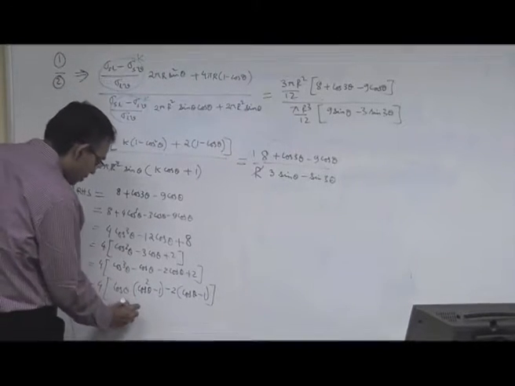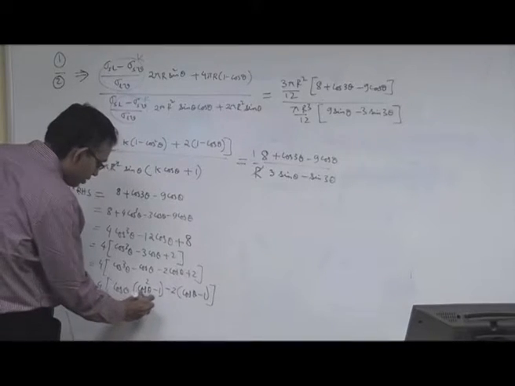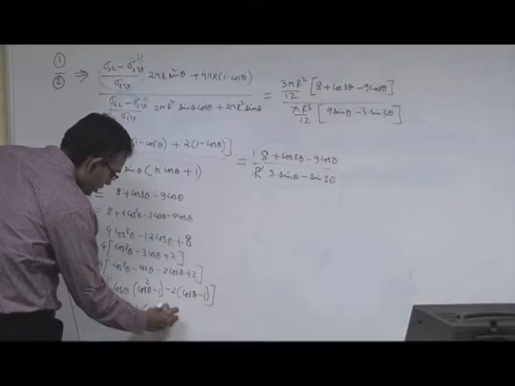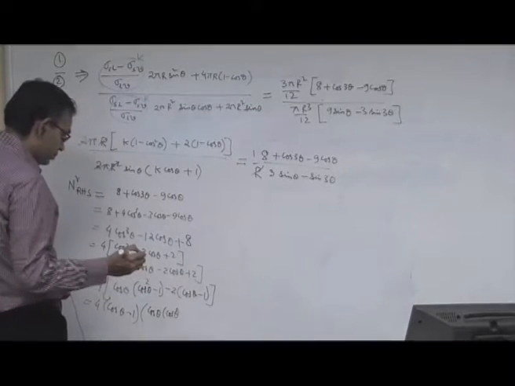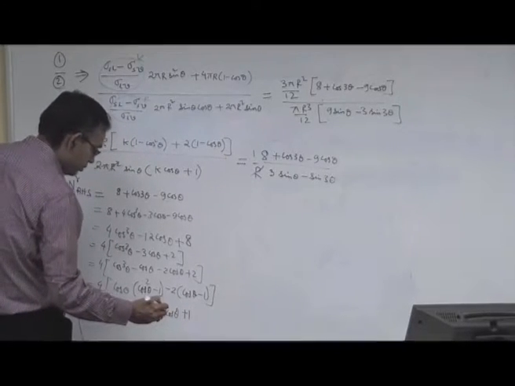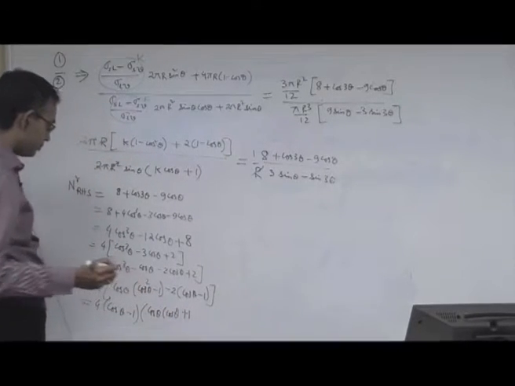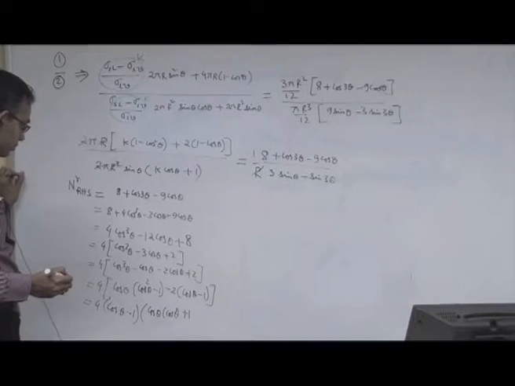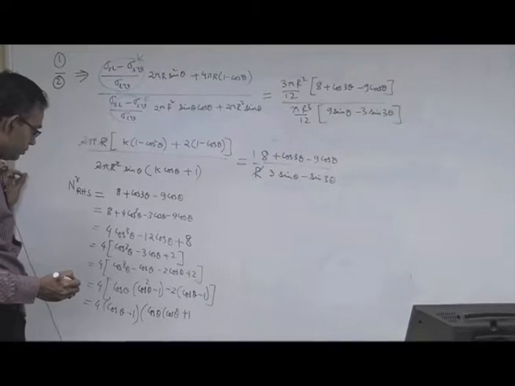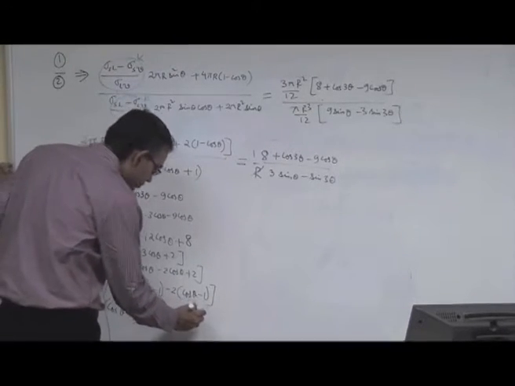So, that cos theta minus 1, if we take as common, then cos theta into cos theta plus 1 minus 2, right.